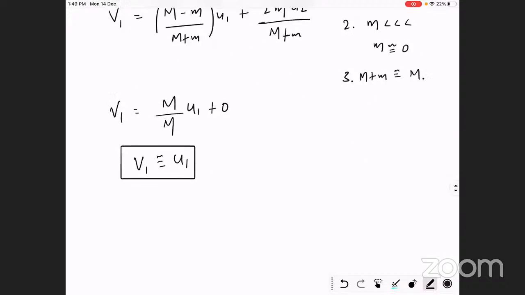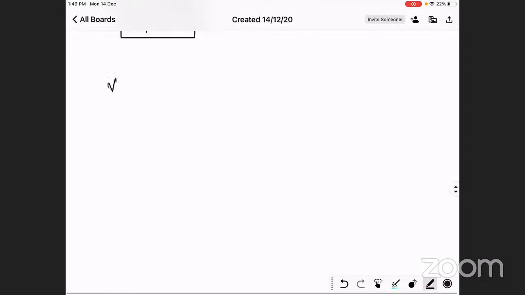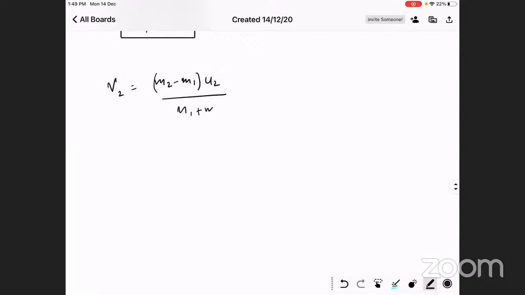Now let's talk about velocity of light body after collision, v2. v2 is (m2 minus m1) u2 divided by m1 plus m2 plus 2m1 u1 divided by m1 plus m2. Now m1 is heavy body and m2 is light body.